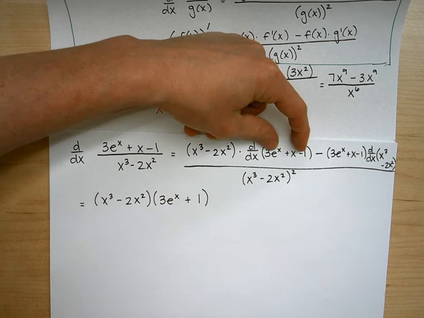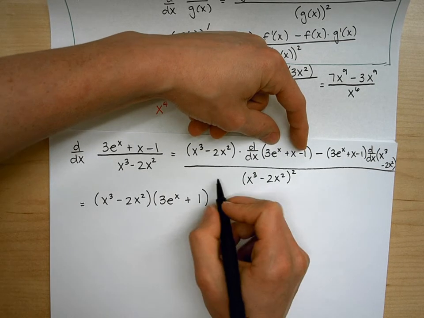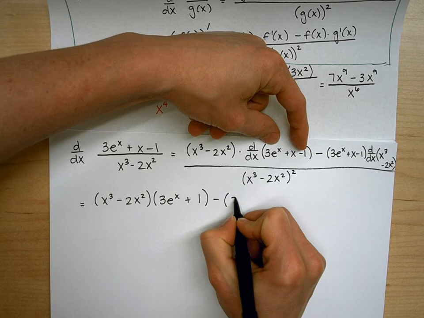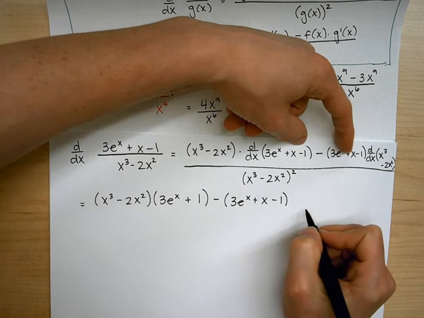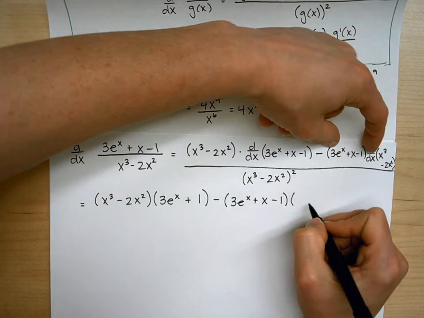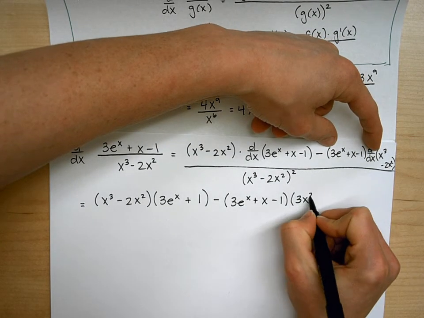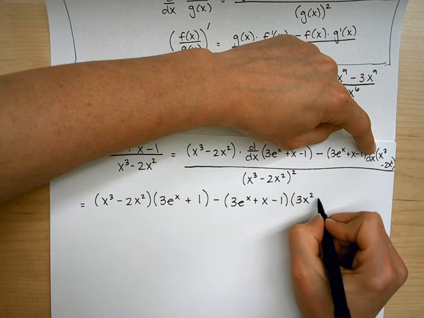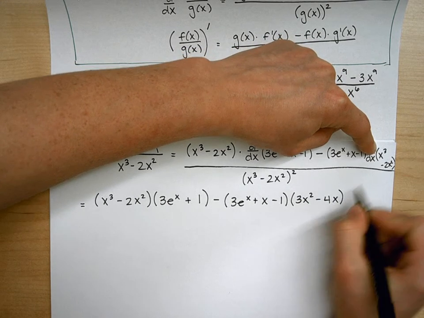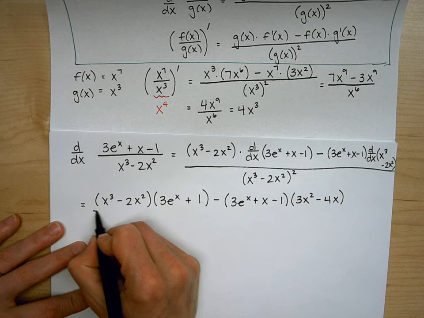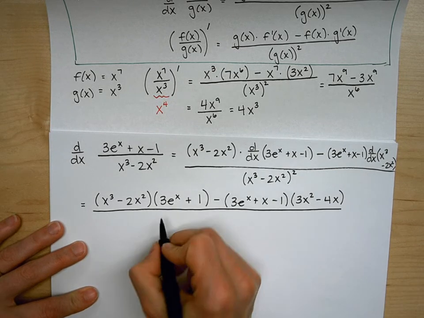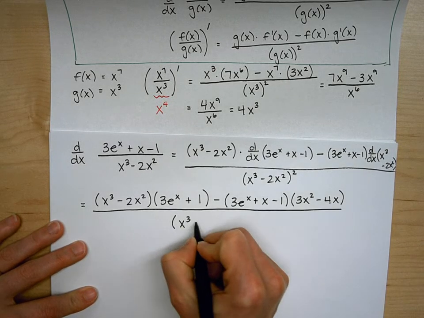So the derivative of this minus 1 would be 0. Minus 3e to the x plus x minus 1. Again, that was just the numerator. Derivative of the denominator is 3x squared, power rule, minus 4x. That would be the power rule and the constant multiple rule. All over denominator squared.